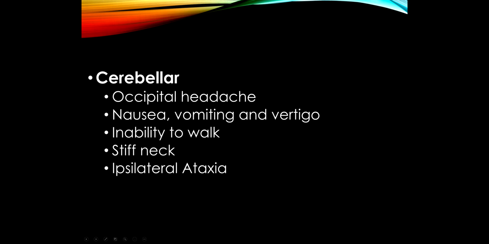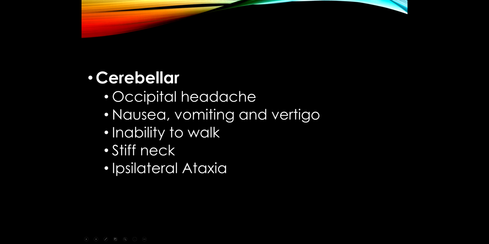Remember, anything that involves the cerebellum, there's nausea, vomiting, and vertigo. And because they have ataxia, they're very unsteady walking. Along with the occipital headache, there's neck stiffness as well, just from the mass effect. And they have ipsilateral ataxia. So if it's a right cerebellar hemorrhage, they're going to have ataxia on the right side of the body.